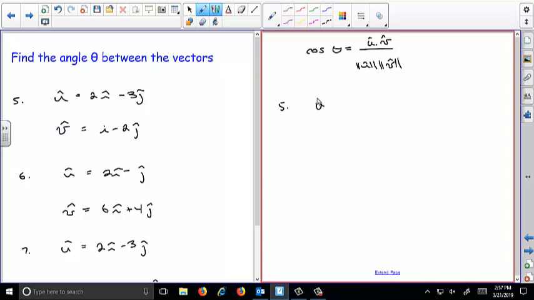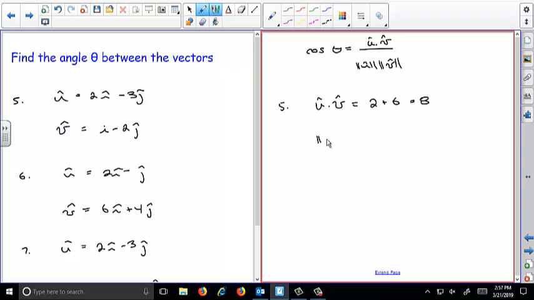So since we've done a couple of u dot v's here, I'm just going to show you how you would do it over here. So here we have u and we have v. So we multiply the i components together. So that's going to be 2 times 1. And then you multiply the j components together, which is going to be positive 6. So u dot v is 8.